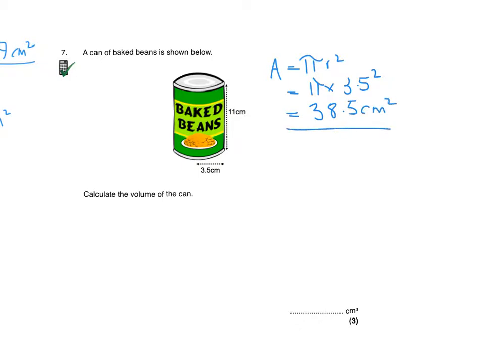Now if that's my cross-sectional area, I just times that by the length, which is 11, so 38.5 times that by 11, which is 423.5 centimeters cubed. Okay.